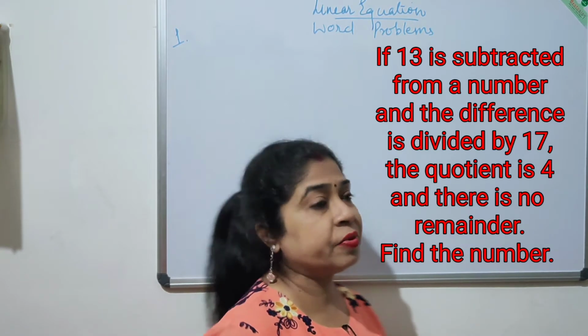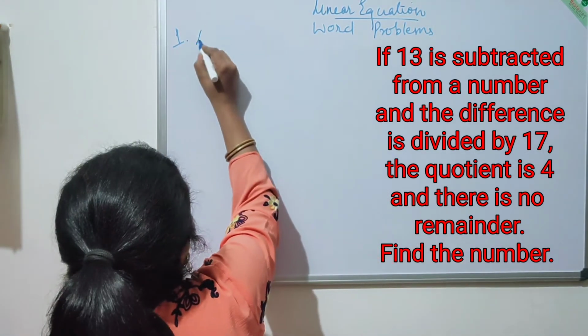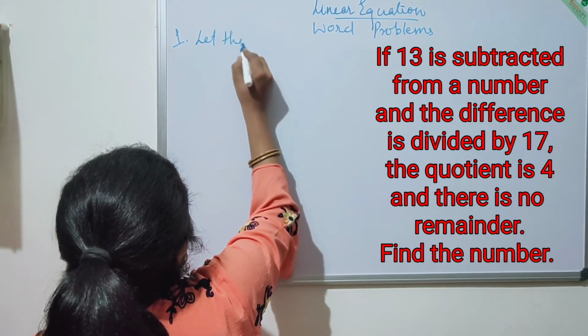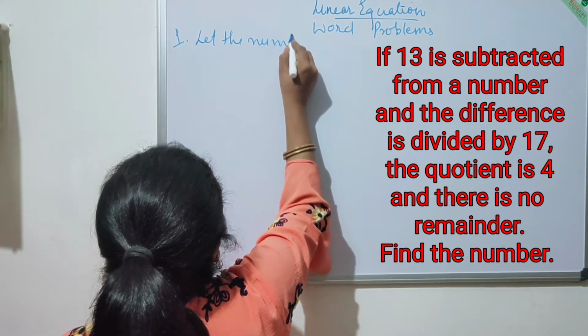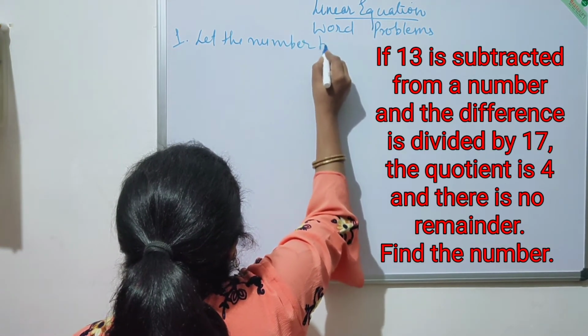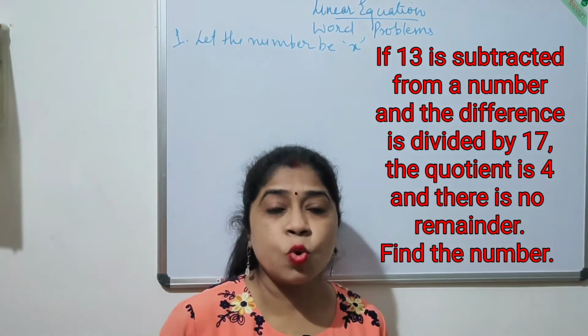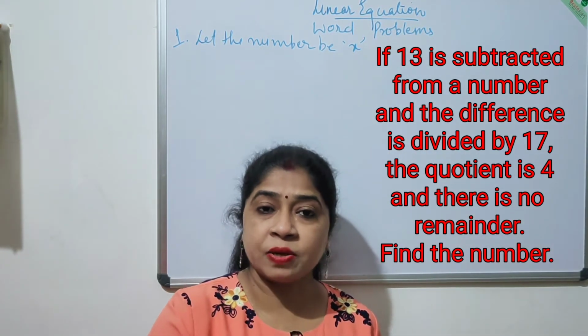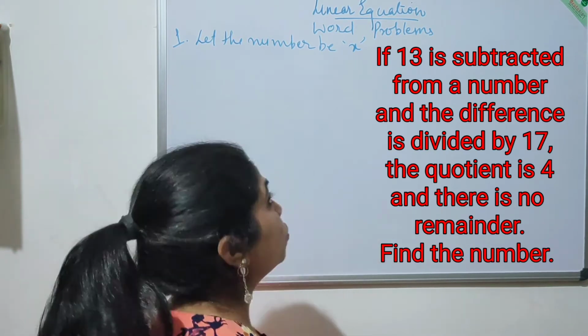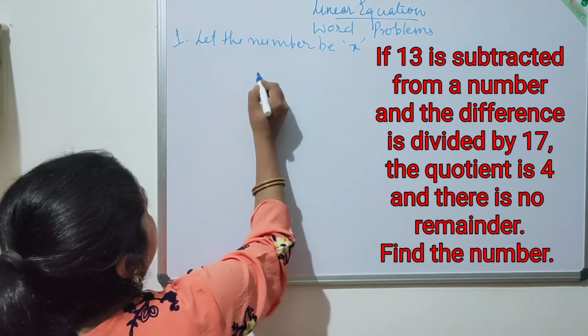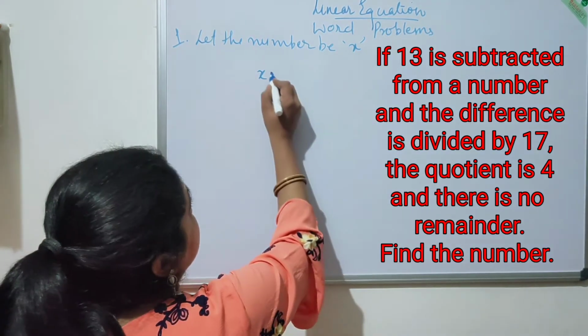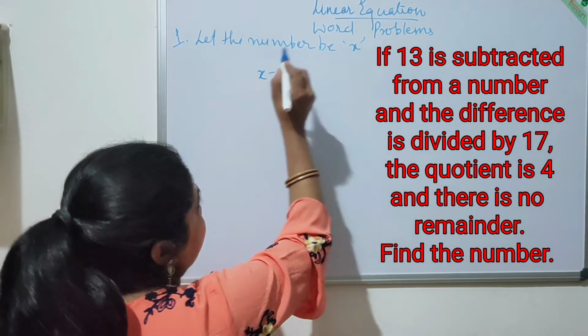So we will take the number as x. Let the number be x. Now from the number what is subtracted? 13 is subtracted. So from this number x, 13 is subtracted.